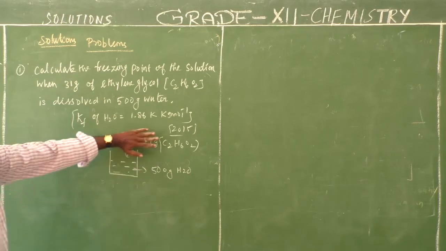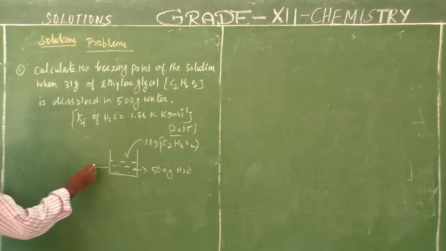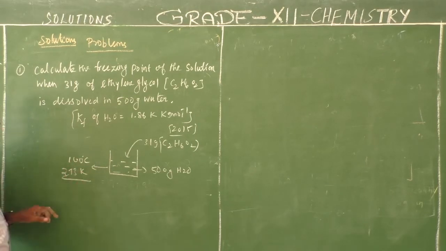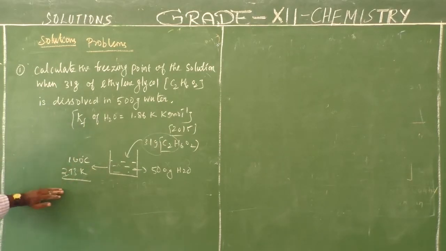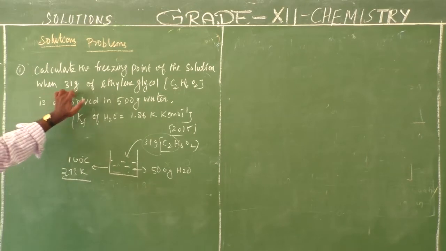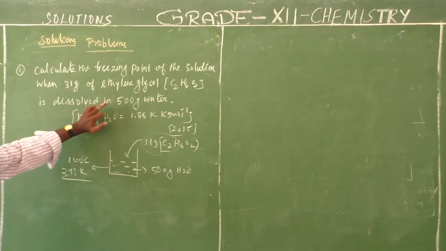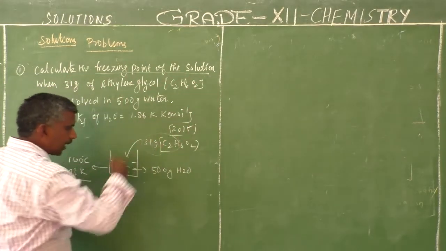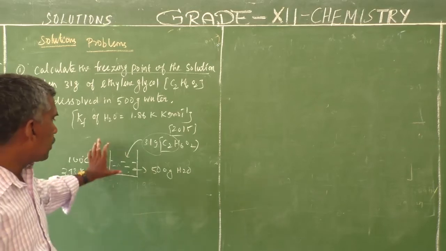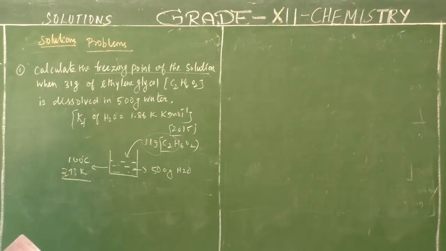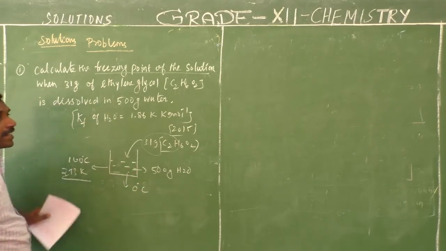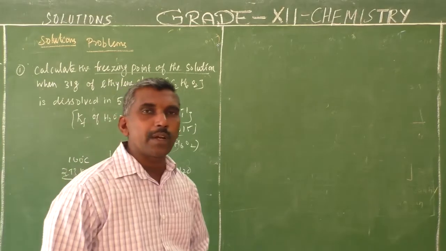What is the freezing point of water without adding solute? 0 degree, 273 K. When a non-volatile solute is added, the freezing point decreases, and the boiling point elevates. The boiling point is 100 degree, the freezing point is 0 degree.